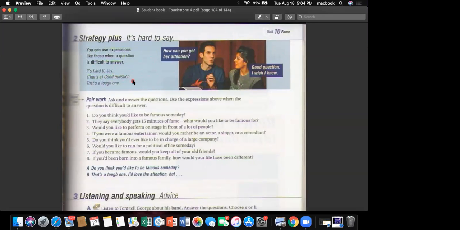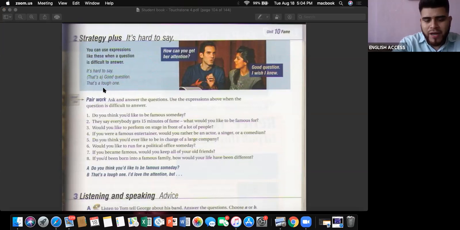That's a tough one. Yes, remember, sometimes the OUGH will make the sound uff. So in this case, tough sounds like tuff, okay? That's a tough one. It's a difficult one, a complicated one.